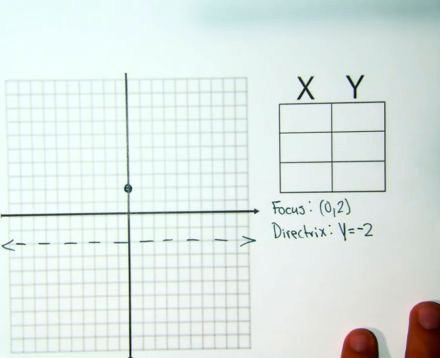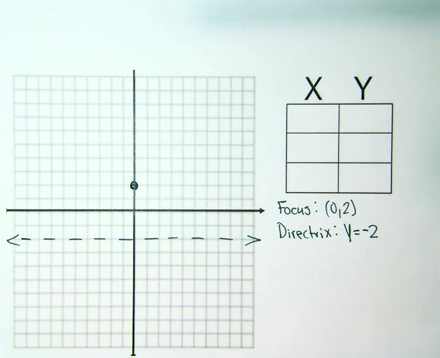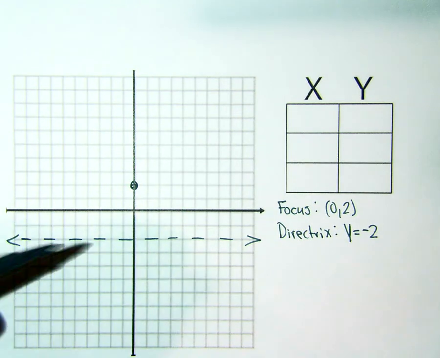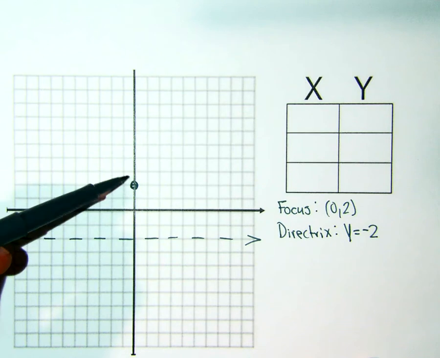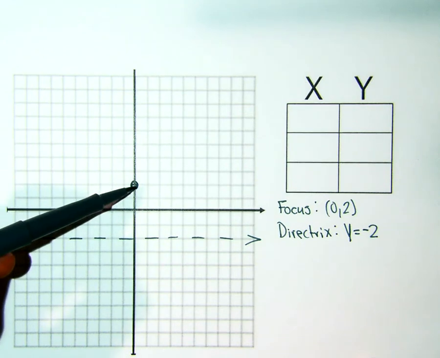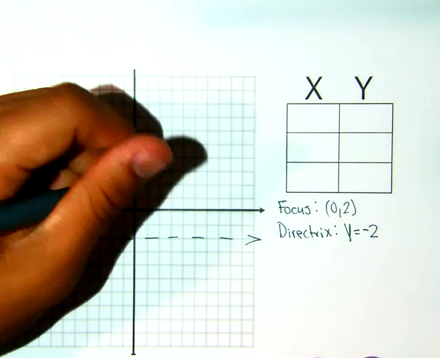Okay? So this is what we should have so far. Alright? So, based off our definition, we know that the parabola is an equal distance between the focus, which is right here, and the directrix. Okay?